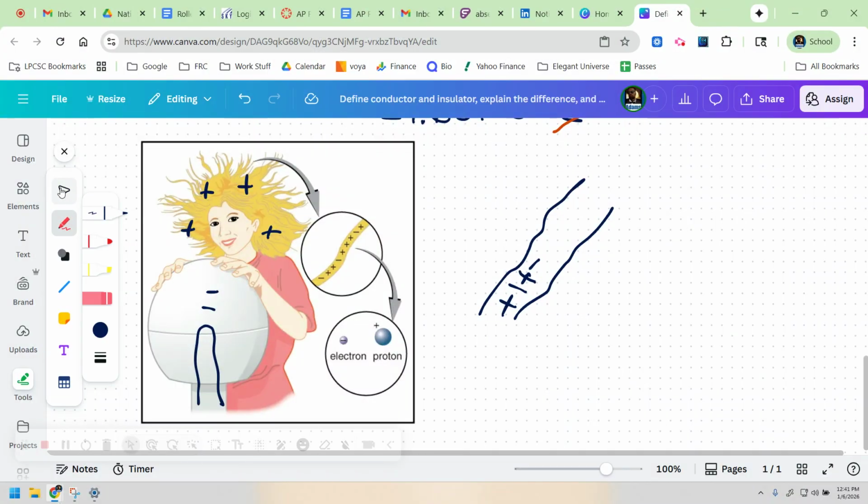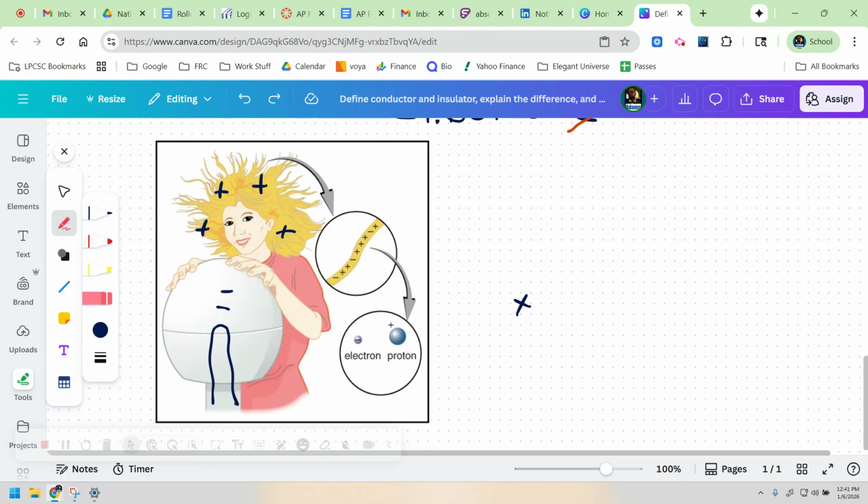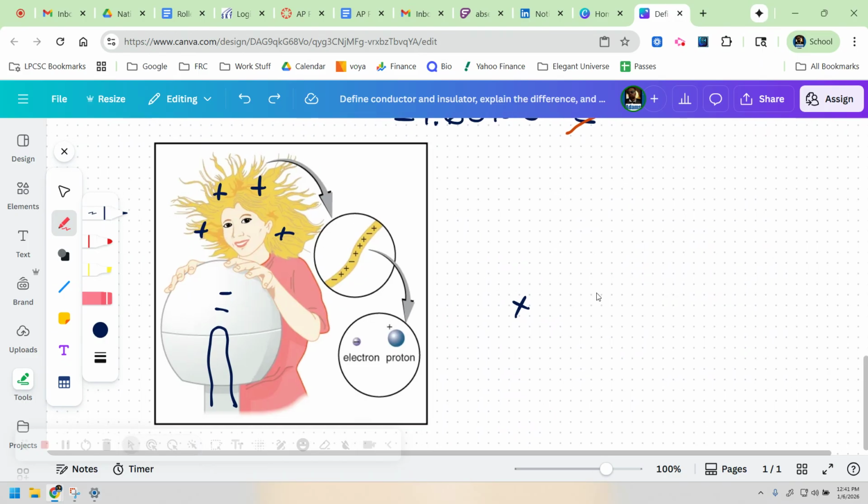I'm going to make it look like it does in the image. So I have a positive charge, then a negative, then a positive, and then a negative, and then a positive, and then a negative. Just pretend that this is a hair, right?